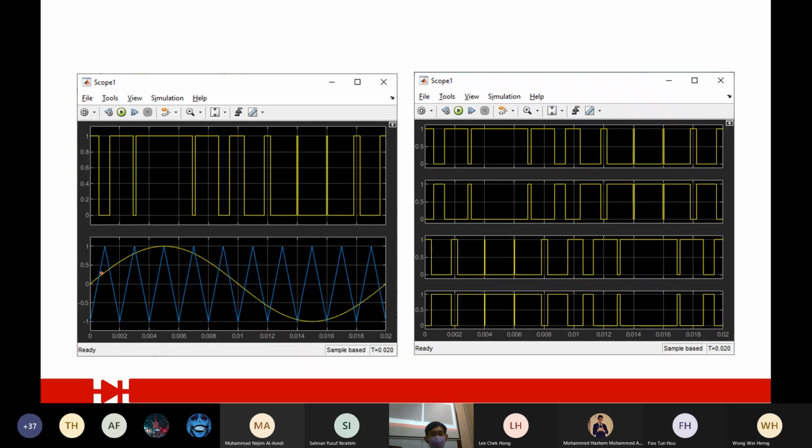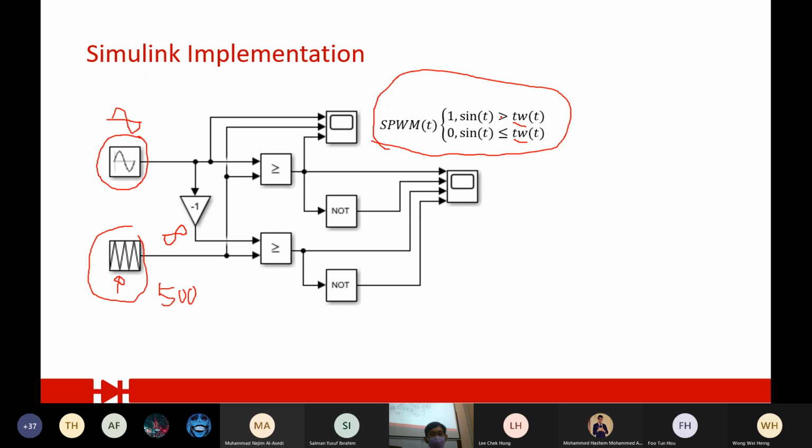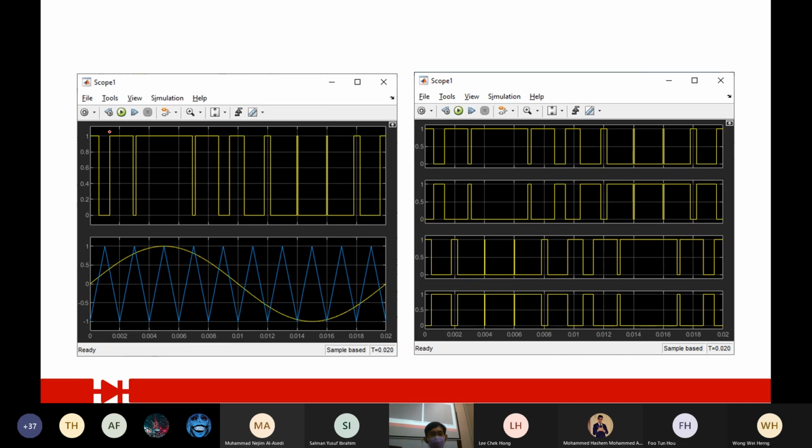Now you see the first portion here. The sine wave is greater than the triangular wave, right? At this point, sine wave is greater than the triangular wave, means 1. So it will switch to 1 here. You see at this point? If you draw a line, you will see that it is like that. You see it's high.